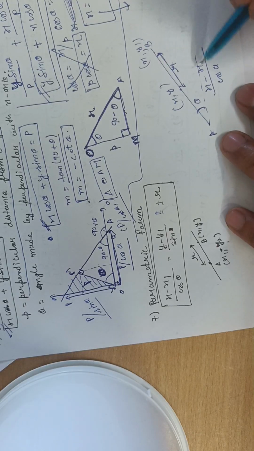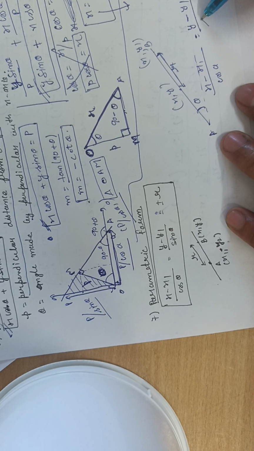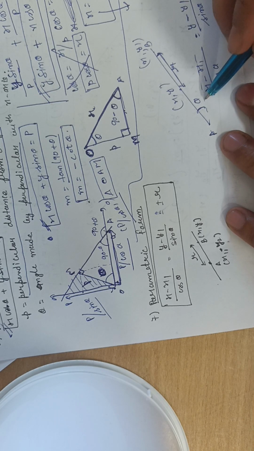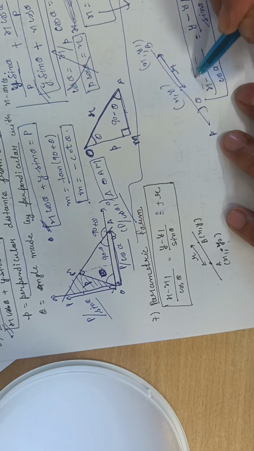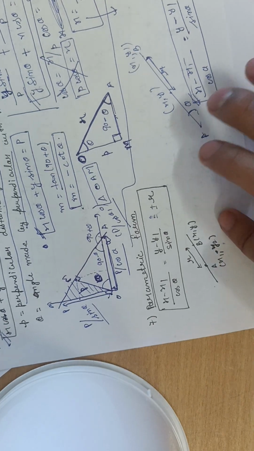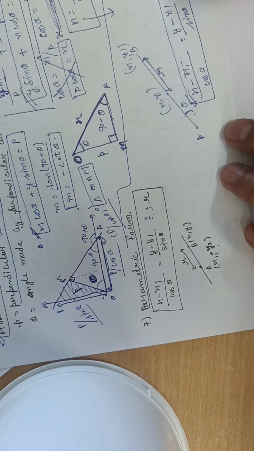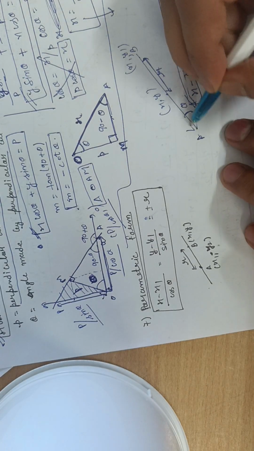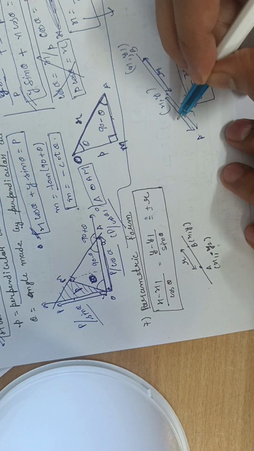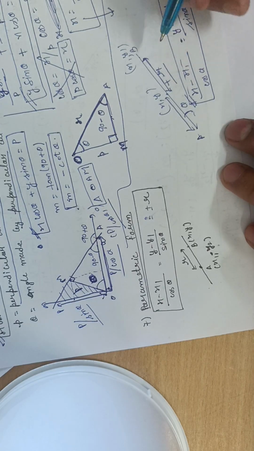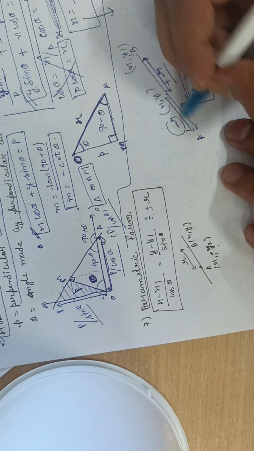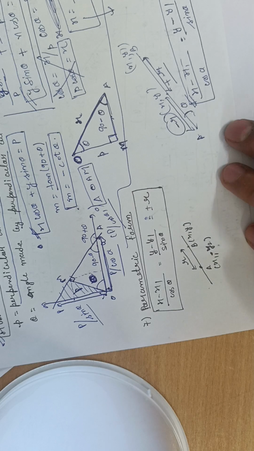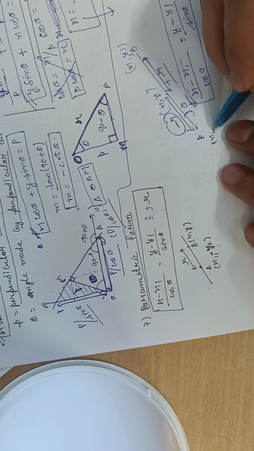Understood? This is the parametric form of a line. Here we use plus minus because we can go in either direction: this is denoted by plus r, this is denoted by minus r. If we go towards the downward point, we will come with this point.